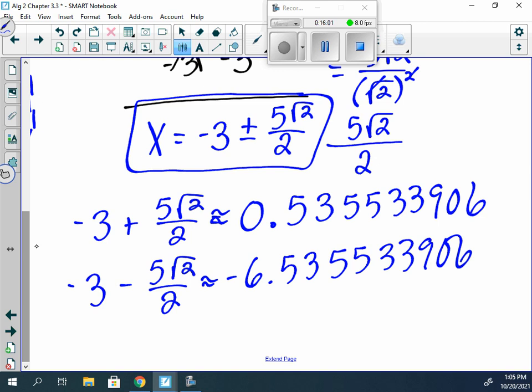So if the textbook, especially if you're checking to make sure you got the right answer in the back, gives you a decimal, all I've got to do is convert this over to decimal form and see do they match up. Do they match up? Yes. But that's it.